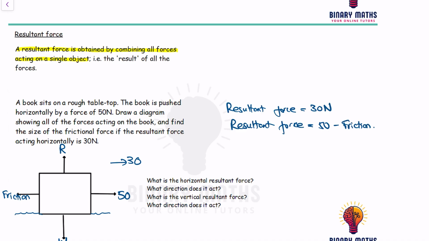So that means 50 minus friction must be equal to 30, which means friction must be equal to 50 take away 30, which means friction must be equal to 20 newtons.